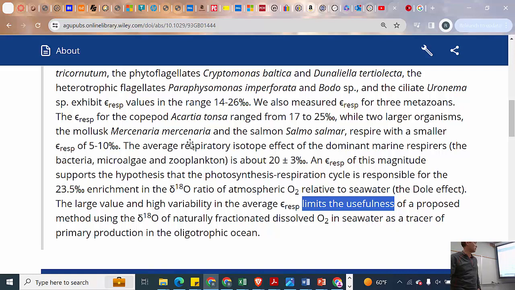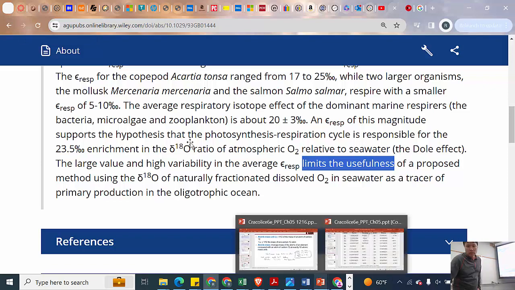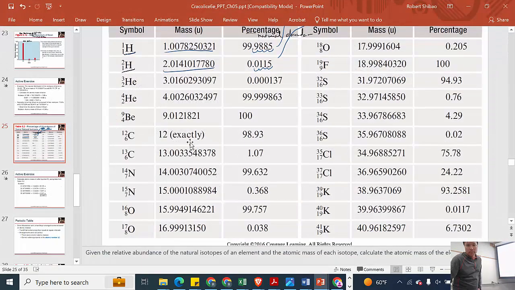It's easy to tell based on the fraction of the isotopes that are found in the samples. So this is all from mass spectroscopy and mass spectral data.